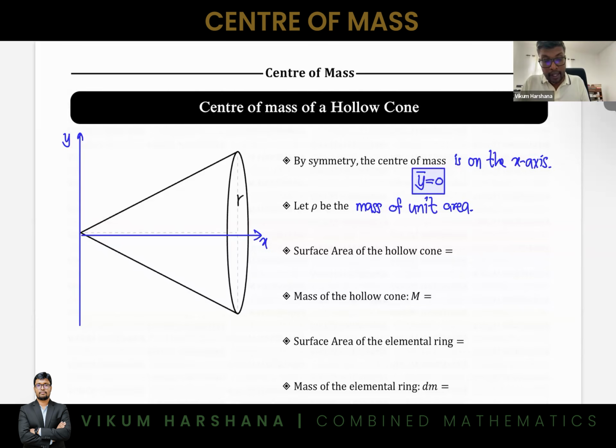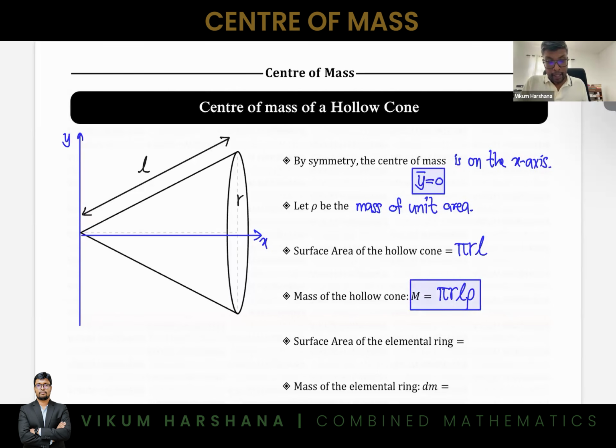First of all, we have to define a letter R and another letter, that is slant height, L. You definitely know this from grade 7 or grade 8. The curved surface area can be calculated using pi r L, not pi r h. So the mass of the hollow cone will be pi r L into rho.